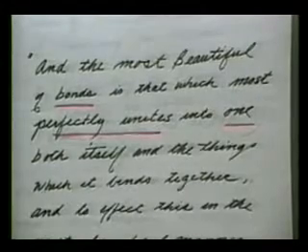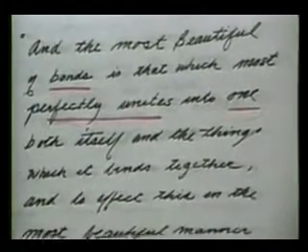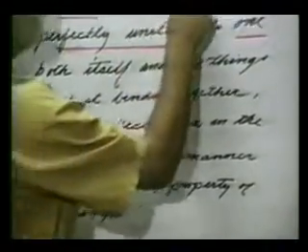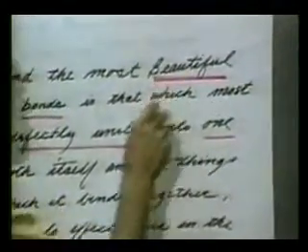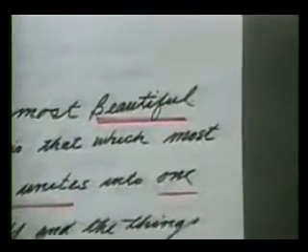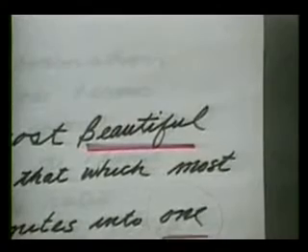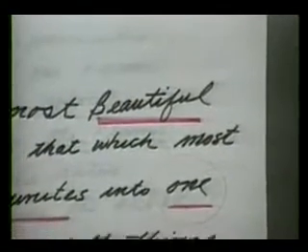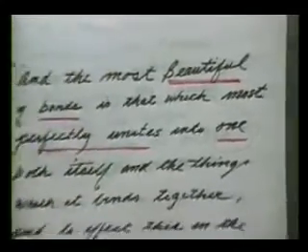It binds it all together, and that's the natural property of analogy. With one major word, somehow we have to show that intrinsic to analogy is beauty. Now, if we can do all that, that'll be a stepping stone into Proclus.